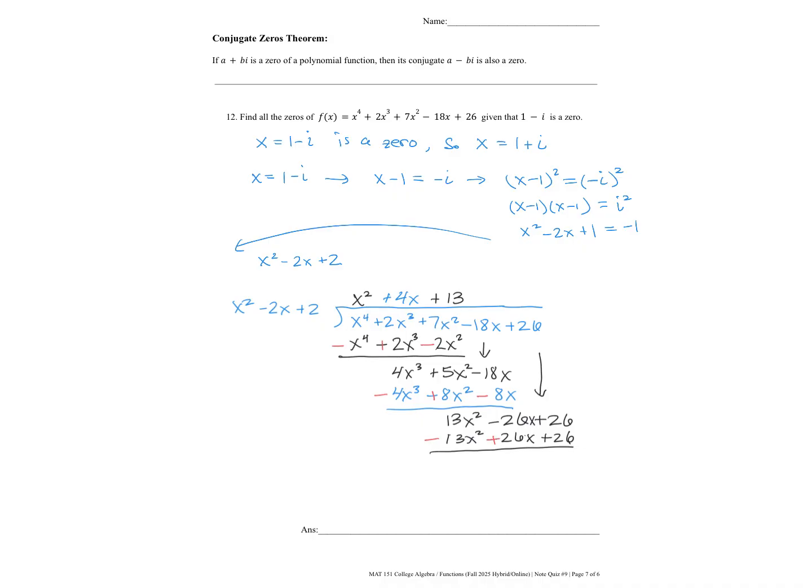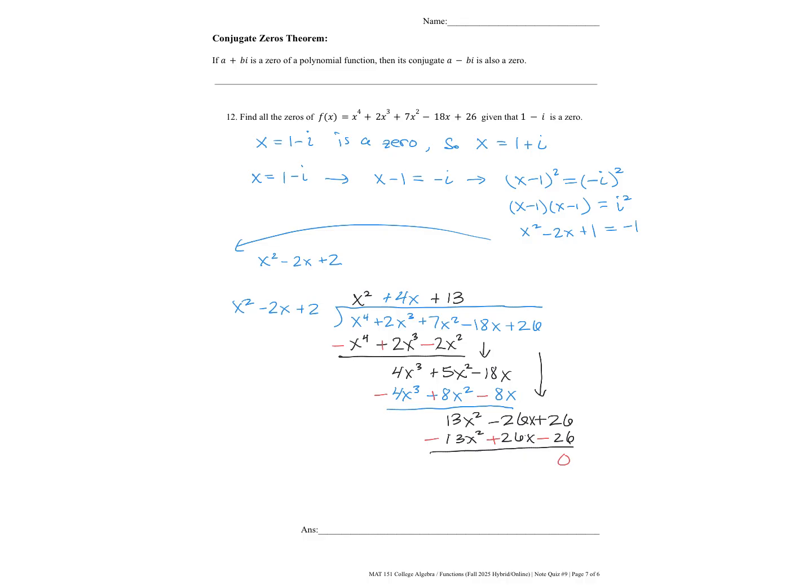You're going to get exact opposites. Changing that last sign, that is a minus. So adding those up, remainder is 0.